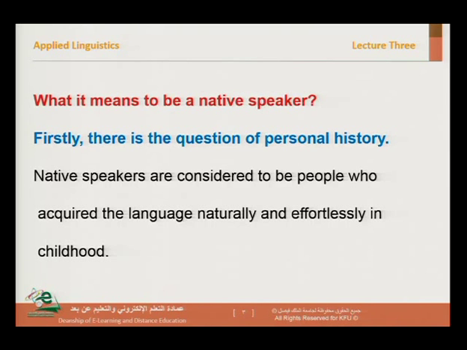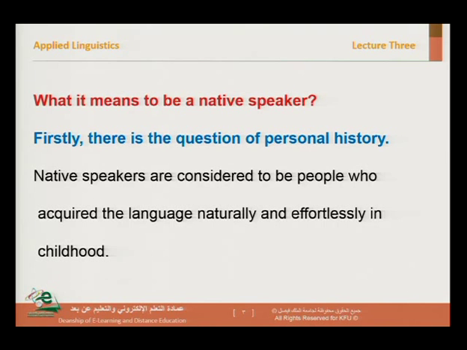So this description of the first point, personal history, is saying people who acquired, not learned. We have got to differentiate between learning and acquisition.